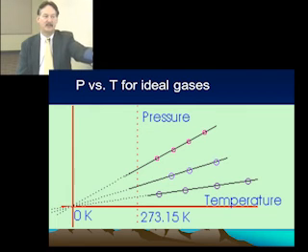And in fact, we find out that the 0 Celsius point is actually 273.15 Kelvin units above 0.